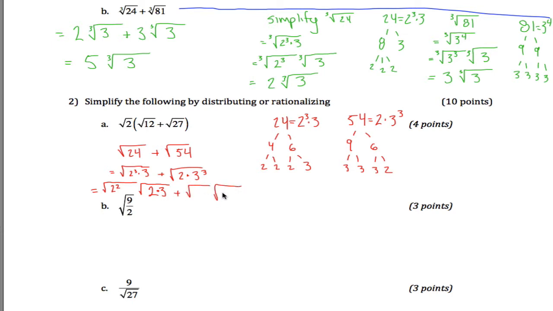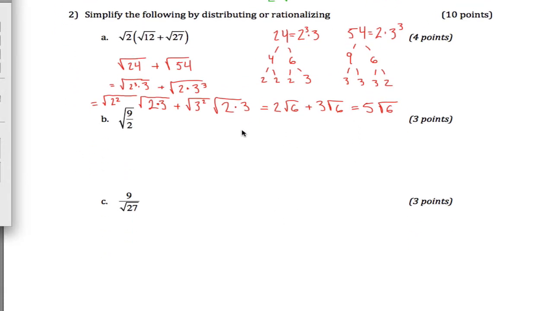I got just one of these 2's, it has to go on the bad side. I got 3 of these 3's, put a pair of them on the good side and one of them on the bad side. So what I end up with is 2 root 6 plus 3 root 6. This is 2, this is 3. 2 of these things plus 3 of these things, I got 5 of these root 6 things.